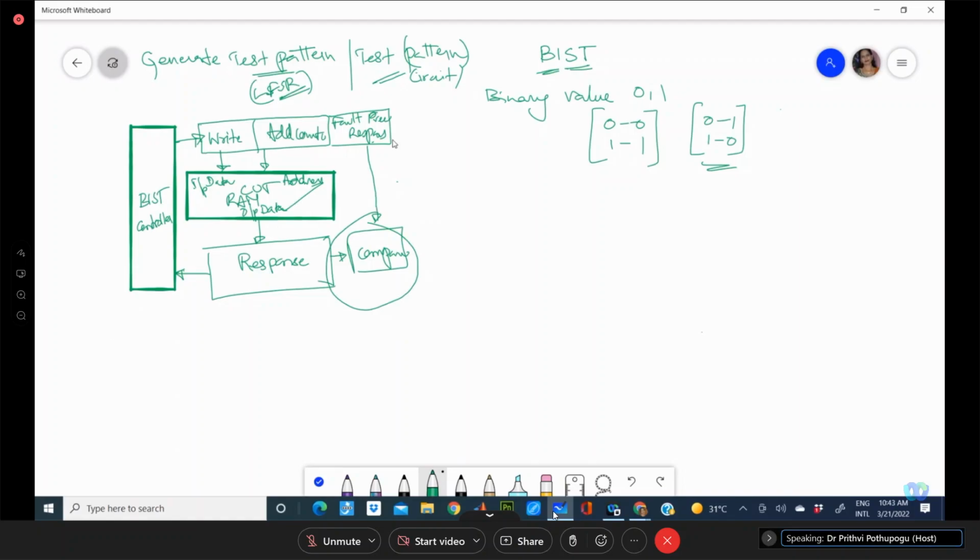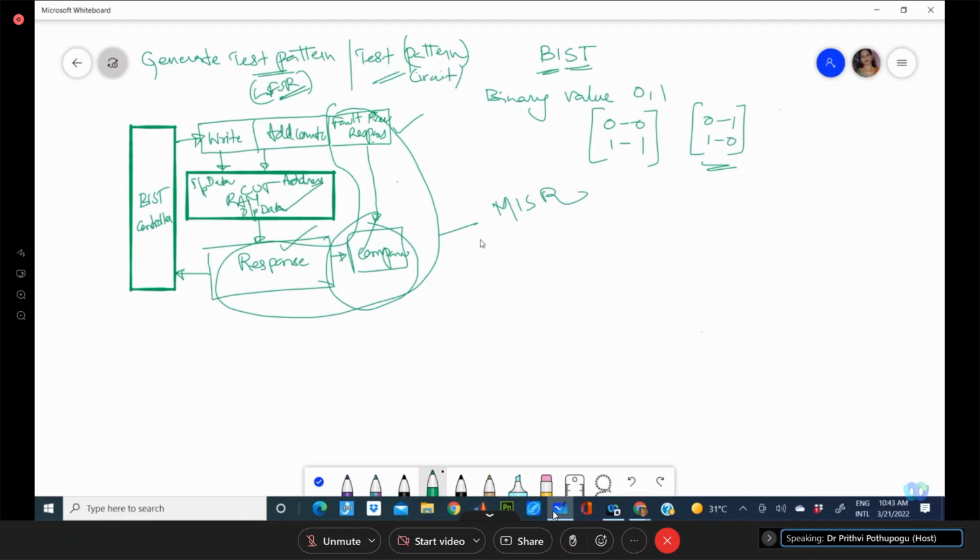Now we try to compress this: the fault-free response, the response of the circuit, and the comparison. If I can compress all these functions and put them in one shot, that we call a multiple input signature register.